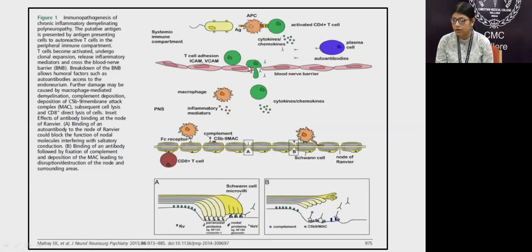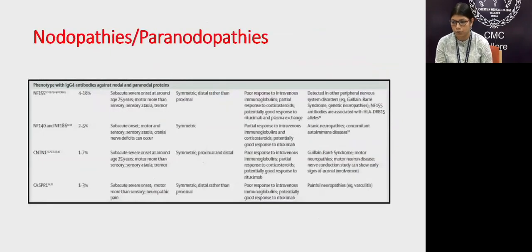These inflammatory mediators break down the blood nerve barrier, and this allows the autoantibodies to gain access to the epineurium and attack the specific proteins, and then cause further complement activation and macrophage related destruction, thus causing either an axonal degeneration or a myelin degeneration, and they can present as either an axonal neuropathy or a demyelinating neuropathy.